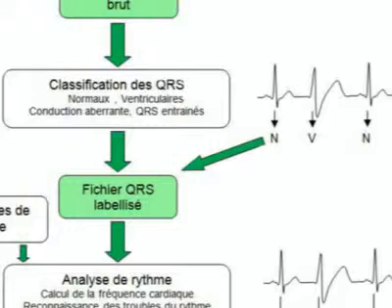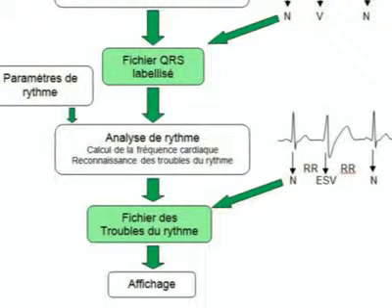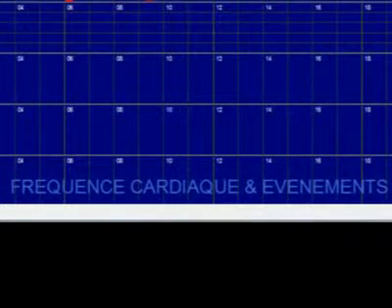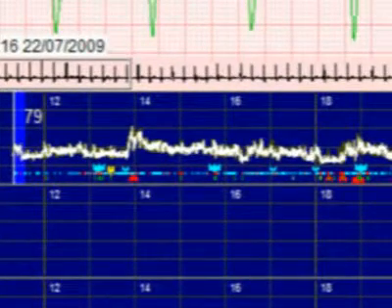We will obtain a file of labeled QRS. The rhythm analysis program uses the file and rhythm parameters to identify rhythm disorders that are ultimately stored in the file. Quick Reader shows the result in the form of heart rates and events. The heart rate trend with icon allows you to scan the results for verification before printing the report.